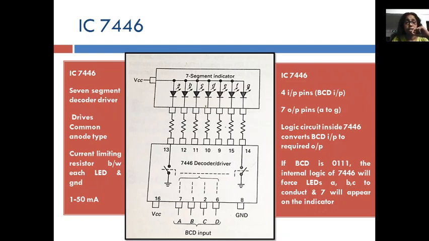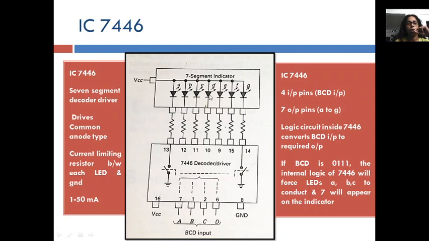So in other words, we can say this IC 7446 is a 7 segment decoder driver IC. It drives the common anode type 7 segment indicator.